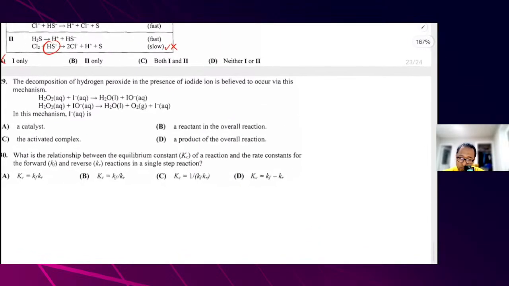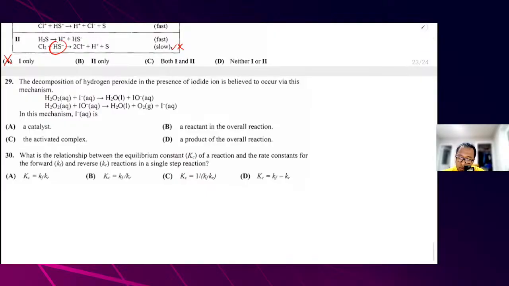The decomposition of hydrogen peroxide in the presence of iodide is believed to occur via this mechanism. In this mechanism, I is: a catalyst, the activated complex, a reactant in the overall reaction, or a product in the overall reaction.